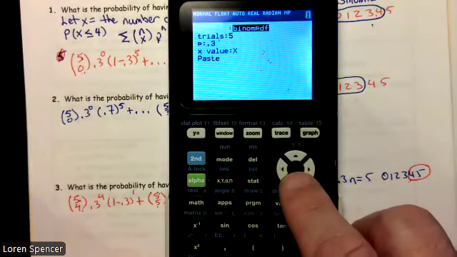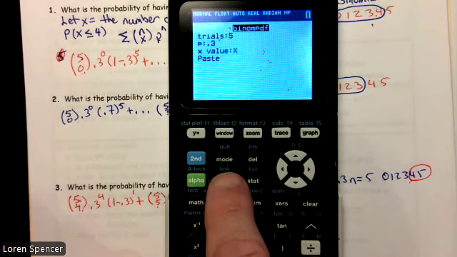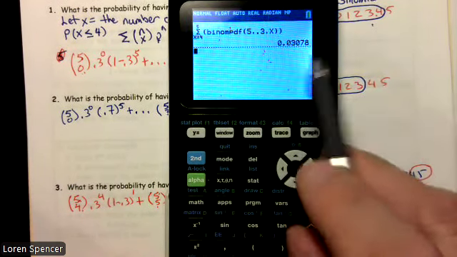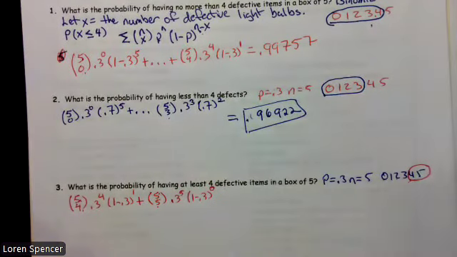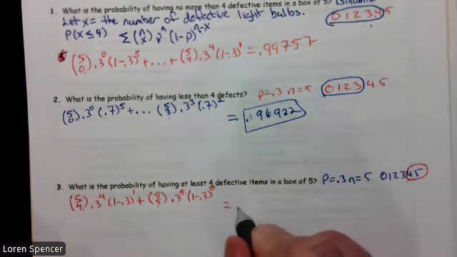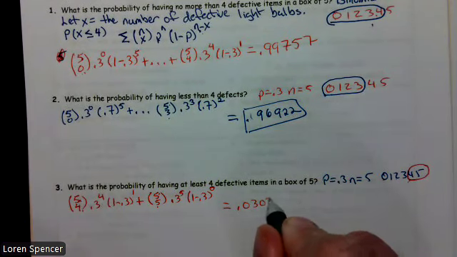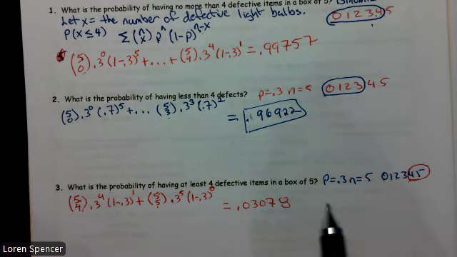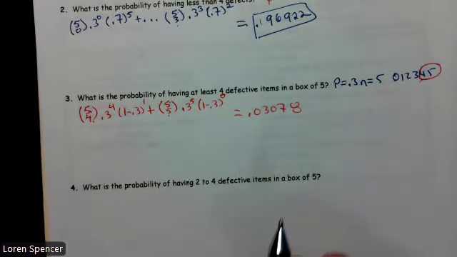Our trials are still 5, our probability is 0.3, and the X value, again, is right here. We press X, and we end up getting 0.03078. Normally I just go 4 decimal places and truncate.